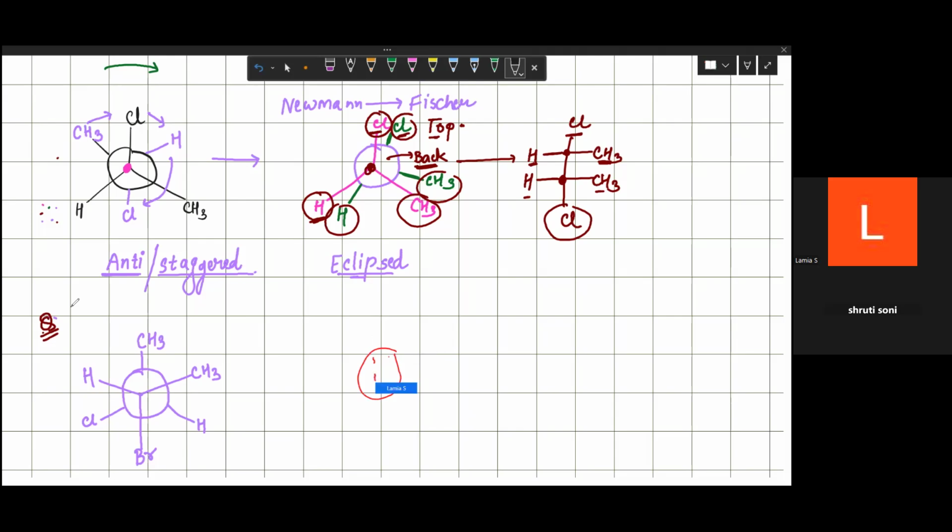And then, oh, you have to rotate it. Okay.